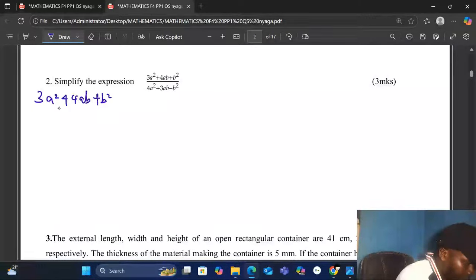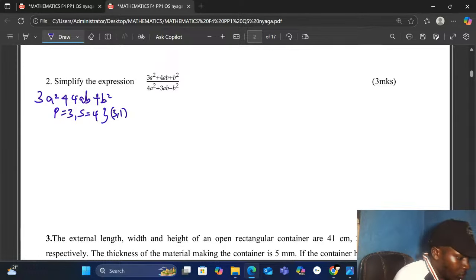To solve this, the product is 3, the sum is 4, and the numbers are 3 and 1. When you multiply 3 and 1, you get 3, and when you add 3 and 1, you get 4.